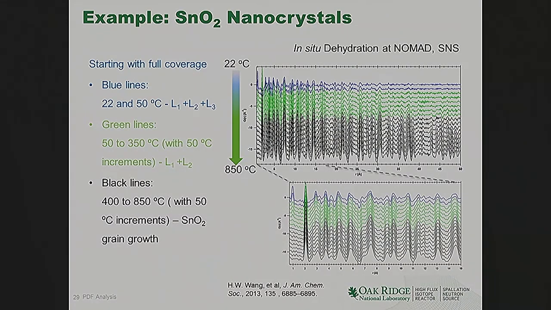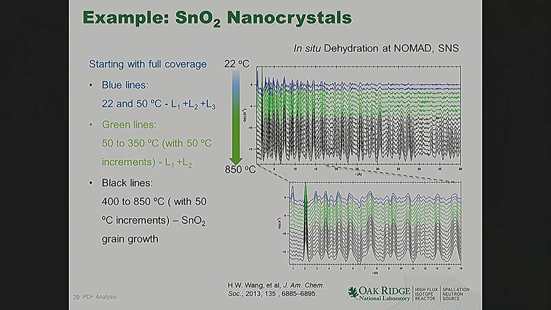But you'll see this DO correlation here at room temperature. And then they did this dehydration in situ, and you can see the water coming off. At the point that it all goes, this material actually starts to grow. So you can see by eye again a lot of really interesting physics of this system.